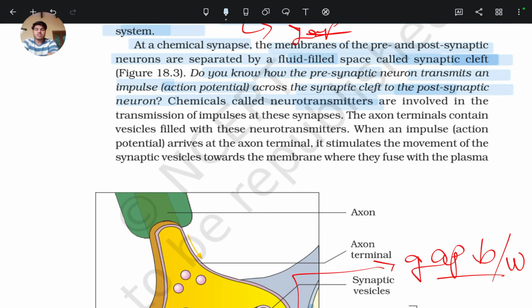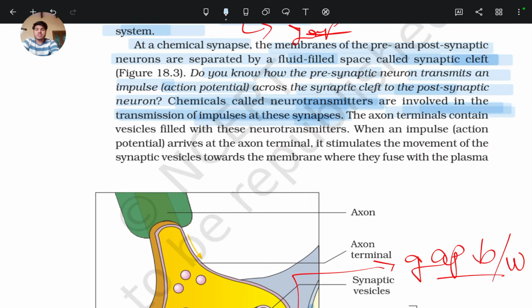In an electrical synapse, the neuron membranes directly attach and the impulse transmits directly, but in a chemical synapse there is a gap, and chemicals called neurotransmitters are involved in transmission of the impulse.